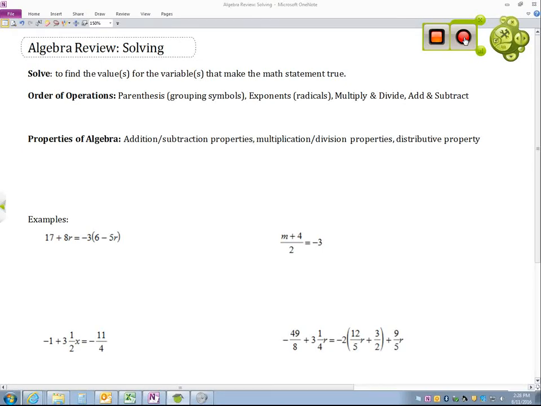To review order of operations, we generally remember this as PEMDAS, or please excuse my dear Aunt Sally. What I want to stress, though, is that P is not just parentheses. We say that because it's easy to remember, but parentheses includes any type of other grouping symbols as well.